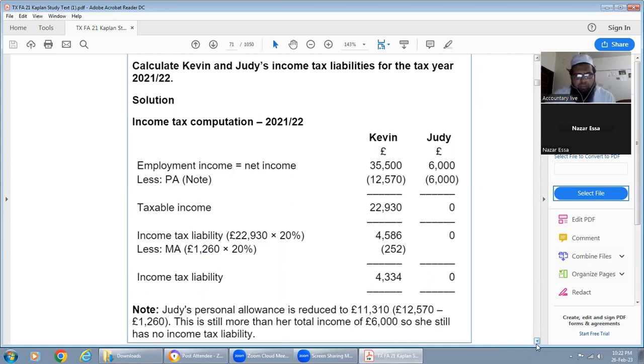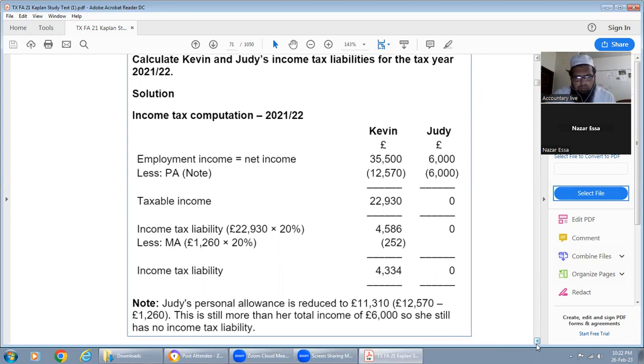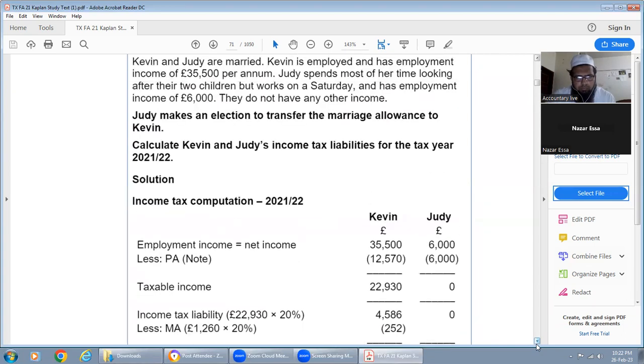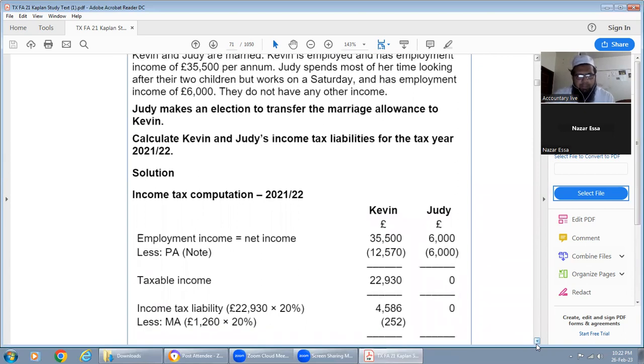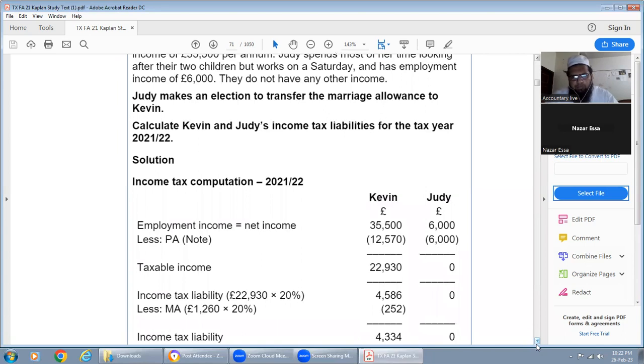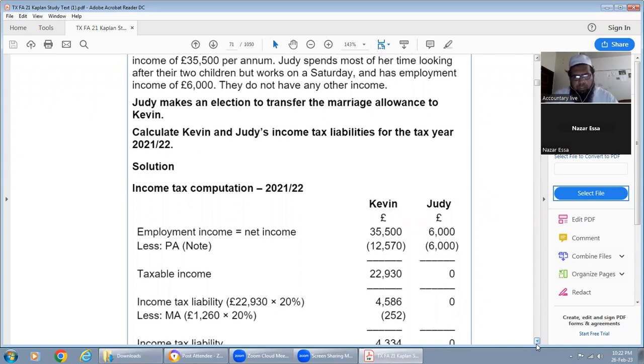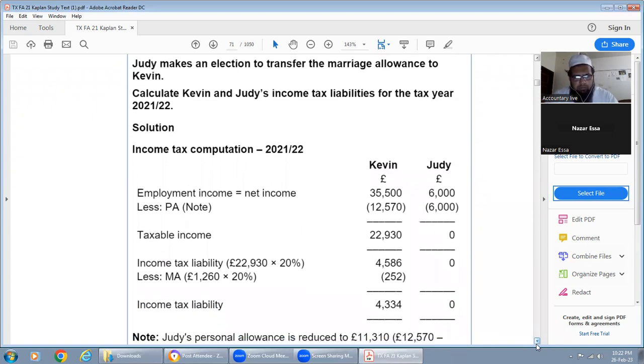We have a personal allowance of 12,570. 12,570 is the exempted amount. Then we have 1,260 of Judy's personal allowance transferred, as Judy makes an election. Then taxable income is 22,930 for Kevin and Judy has 0.